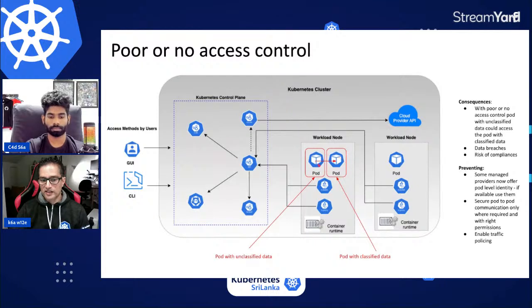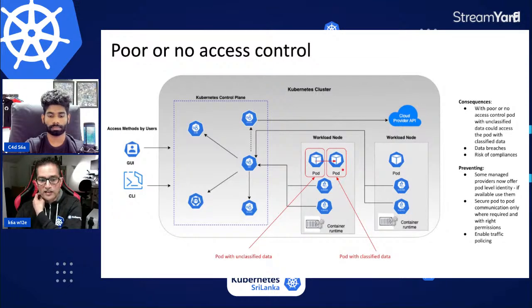What that means is somebody could run a bot or something on this particular pod and then get access to the other pod because it's using the same service account, right? Which means you now have access to all the classified data, and it gets even worse if the classified data in that pod was unencrypted.